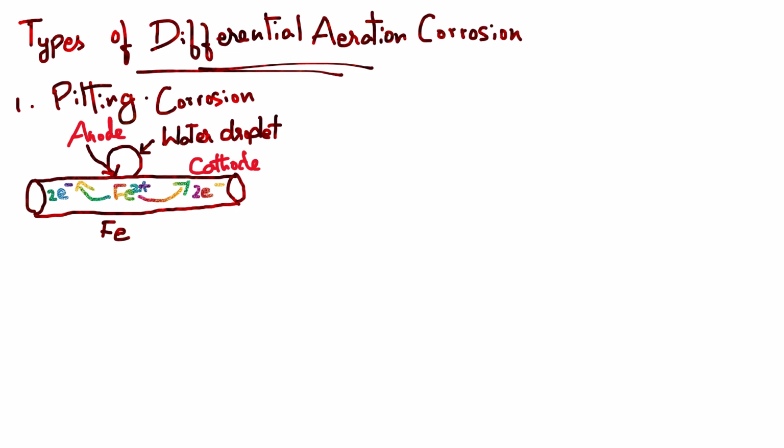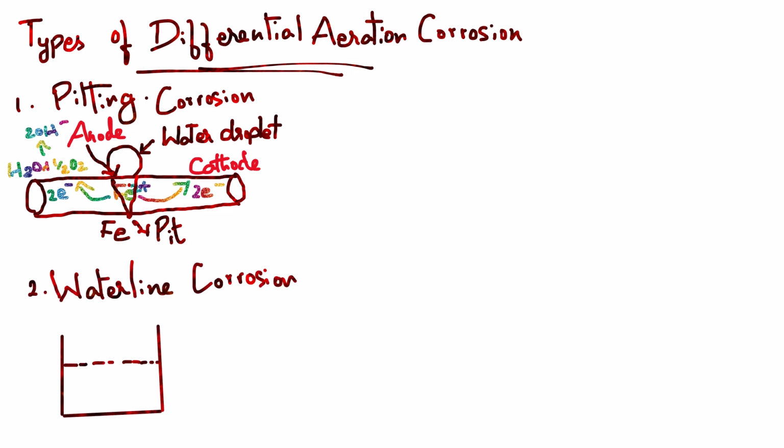So this portion undergoes oxidation and releases the electrons to the cathode, and since oxidation occurs at one point, there will be a formation of a pit and hence it is called pitting corrosion.